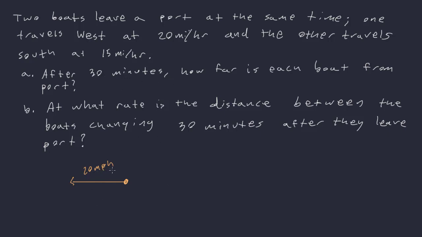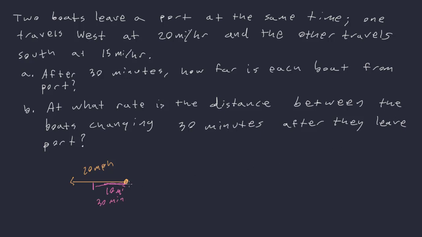Because if it's going 20 miles per hour at a constant rate, after half an hour, it should only be 10 miles. So the answer there is after 30 minutes, this boat's going to be 10 miles out at the 30-minute mark.